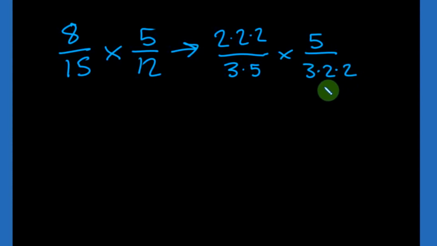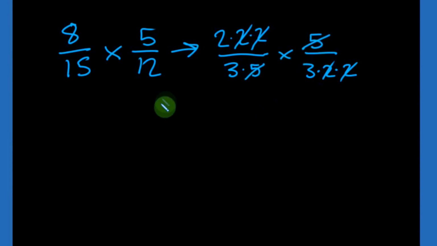Straight away you can see that the 8 and the 12 have common factors. They have two 2's, which means their common factor is 4, so we can cancel these. And also there's a common factor between 5 and 15, so we can cancel the 5's.